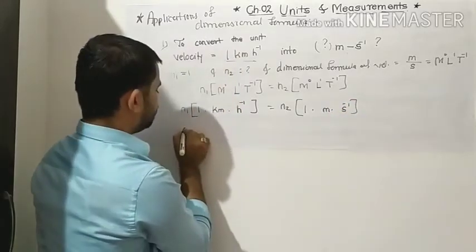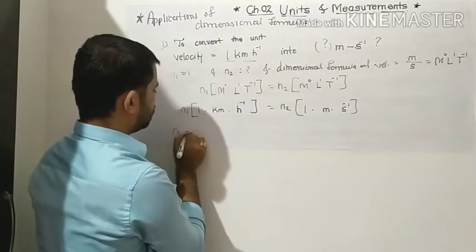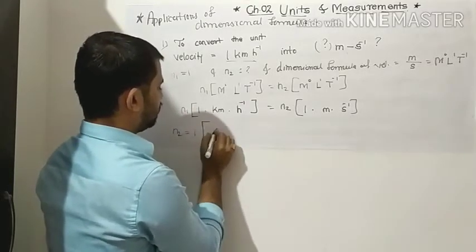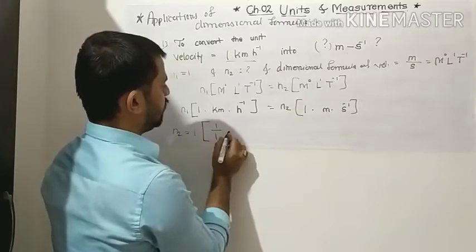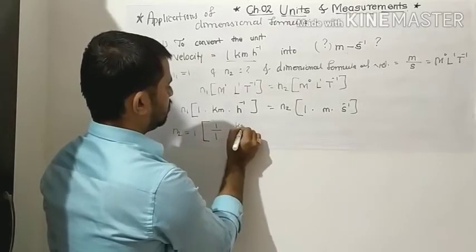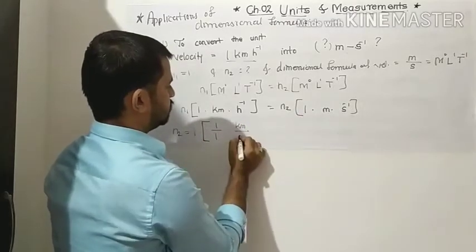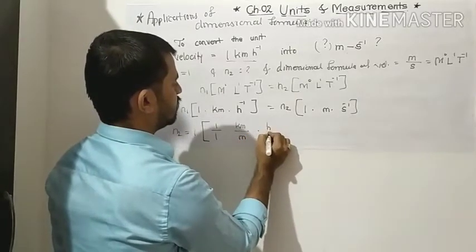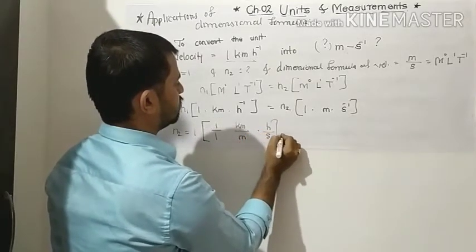So we can write n2 is equal to n1, which is 1, into bracket 1 upon 1, then kilometer upon meter, and hour upon second.